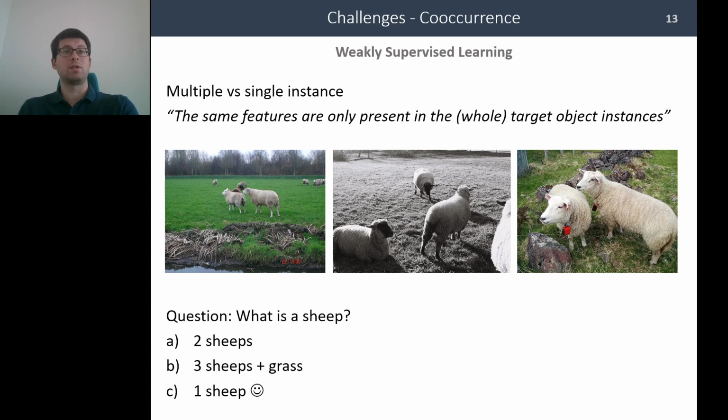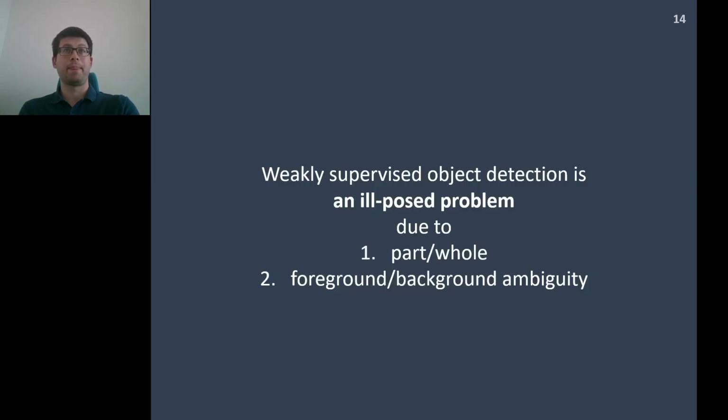Does sheep mean two sheep, or sheep plus grass, again with context, or a single sheep? My message here is that weakly supervised object detection is an ill-posed problem, and this is due to the part-whole and also foreground-background ambiguity.